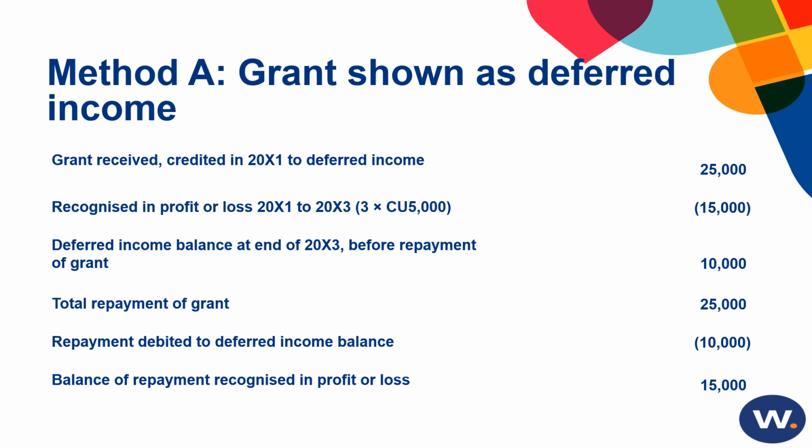What needs to happen in this instance is that if the amount in the deferred income balance was equal to or more than the 25,000 Rand, we would reduce the deferred income balance with the repayment. However, as it is less than, we will reduce the deferred income balance to an amount of 0, and the excess will then be recognized in profit or loss in that period. You see in this instance that the asset has not been affected directly by any of these changes.